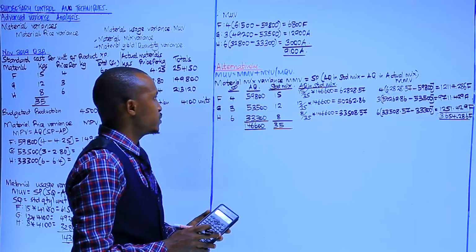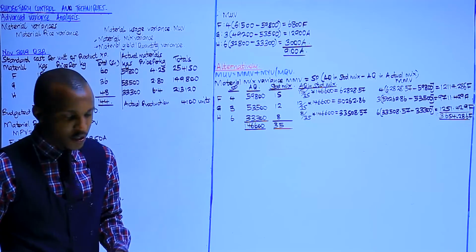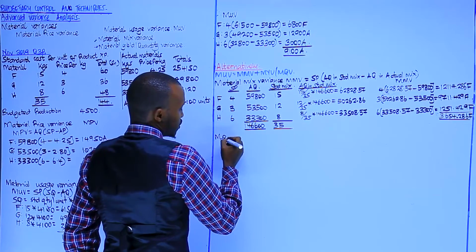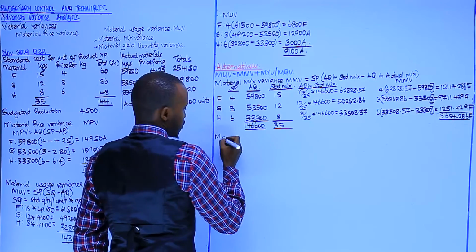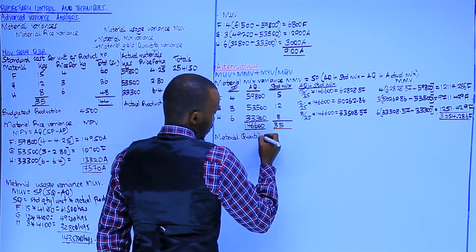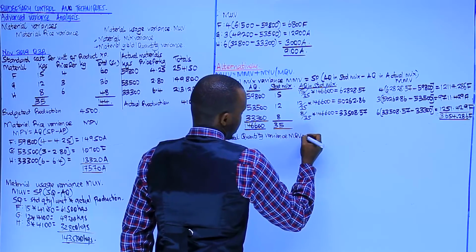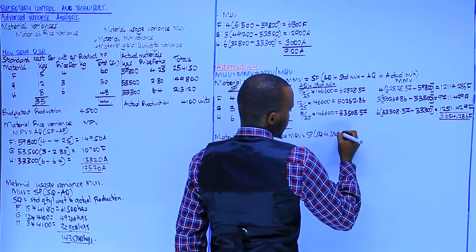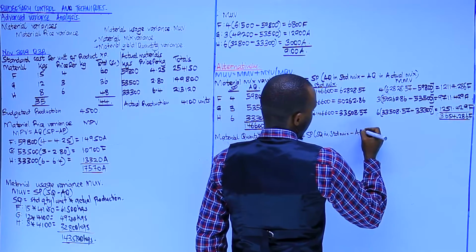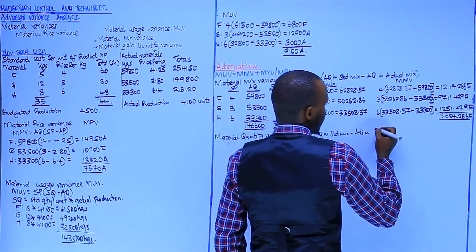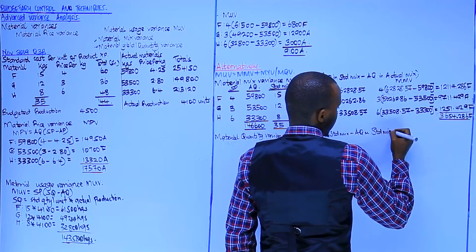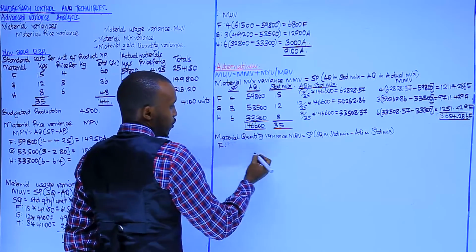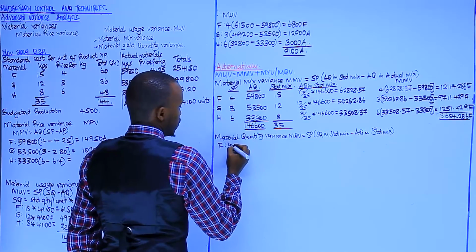Right. Okay. That is your material mix variance. Let's get our material quantity variance. Which is your standard price, standard quantity in standard mix minus actual quantity in standard mix. In standard mix, we can start with F. Your standard price was 4.